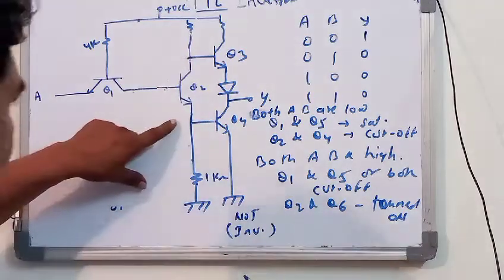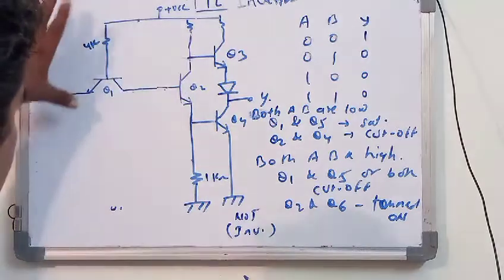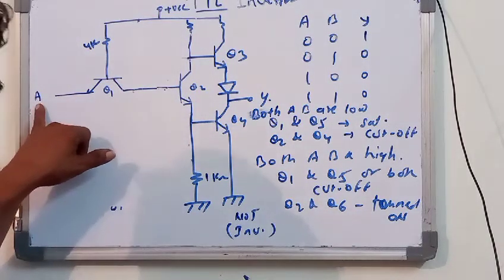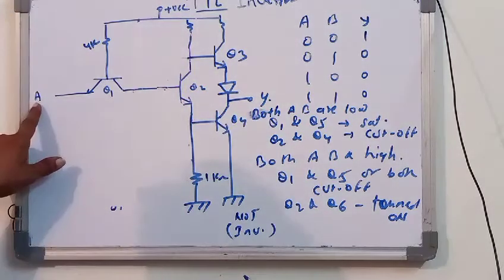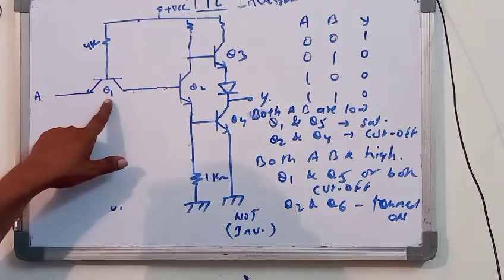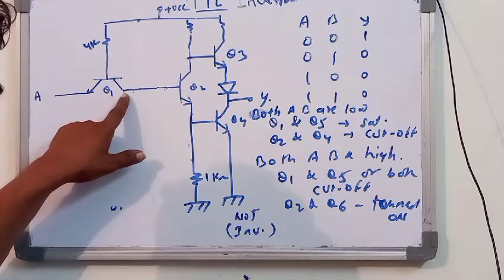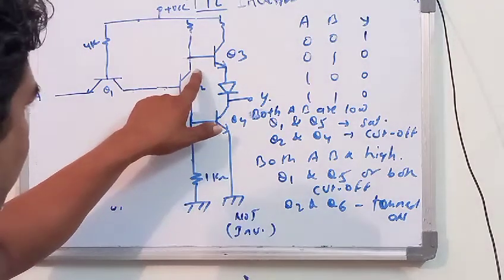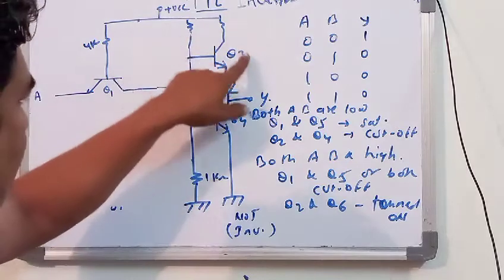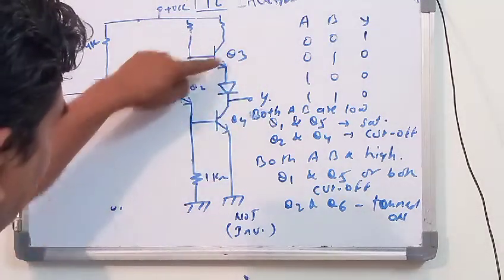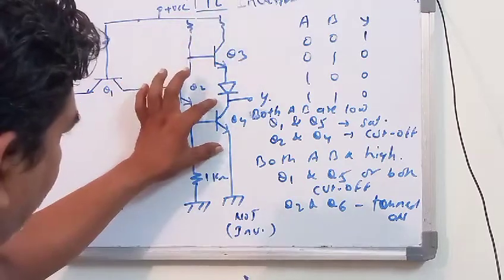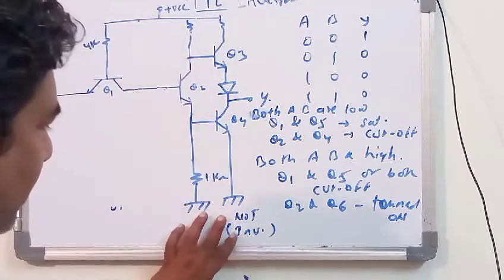Whatever circuit remains here, you are able to view that only one single input is connected with Q1, and the collector is connected to the base of Q2. Next, the collector of Q2 is connected to the base of Q3, and between Q3 and Q4 there is a diode, and the emitter terminal of Q4 is grounded.